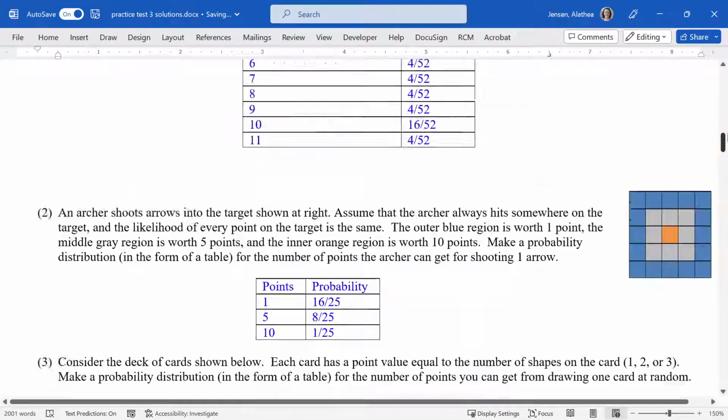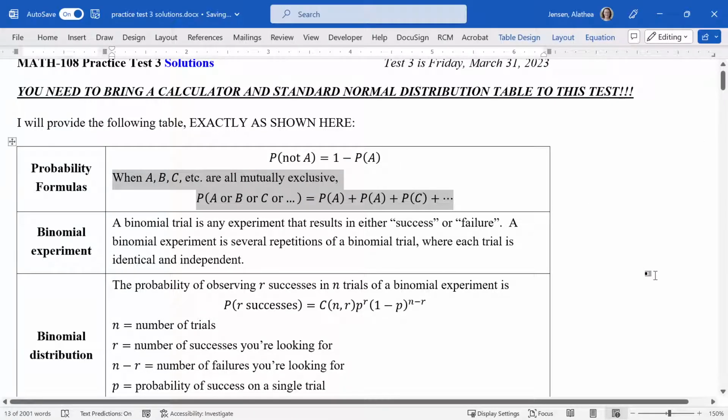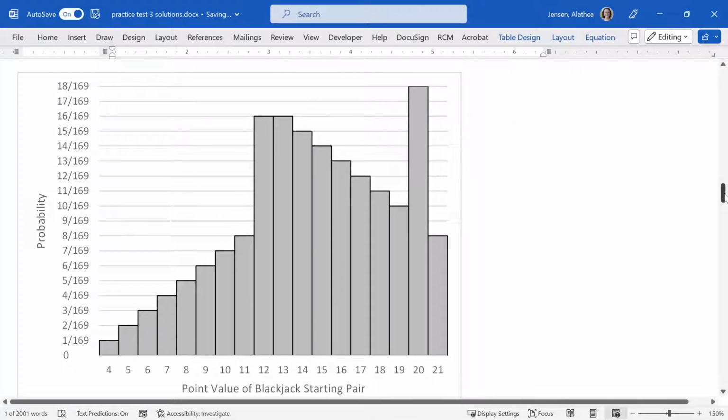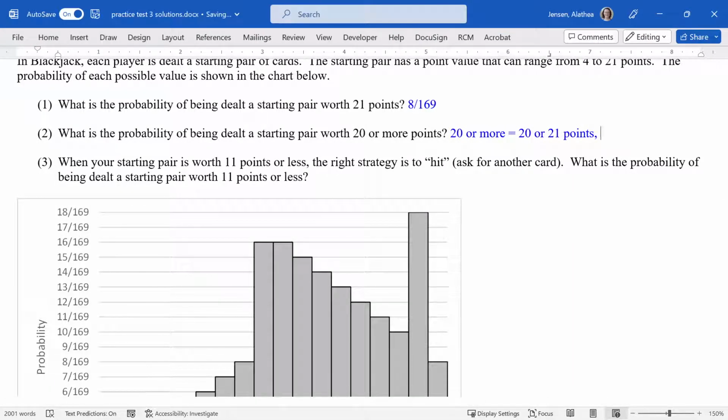So that's going back to this probability formula up here in your table. When a series of events are mutually exclusive, the probability that one or the other or whichever of them happens, you get it by just adding up their probabilities. All these outcomes here are mutually exclusive because you only have one starting pair. So 20 or 21 points is the event that we're looking at.